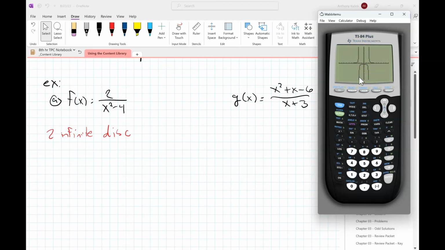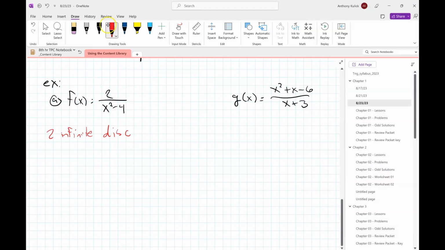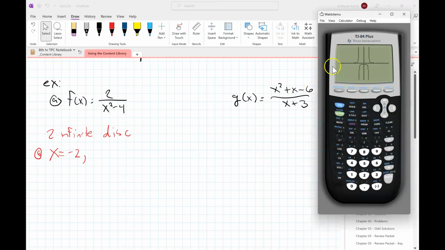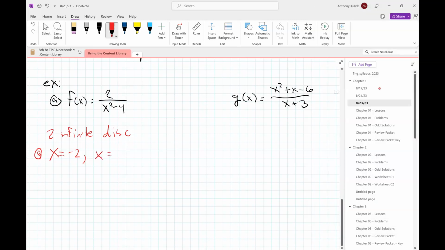So I'd say, okay, well, one of those discontinuities is at -2. X equals -2, actually, I should say. And the other one looks like it's right about here. And if I count, that looks like 1, 2 on the x-axis. So the locations look like they're at -2 and +2.